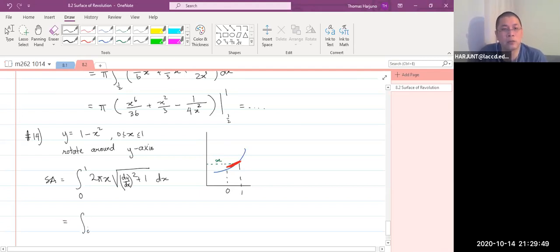It's the integral from 0 to 1. I pull the 2 pi out. This is x square root of dy dx, that's 4x squared plus 1 dx. Right?